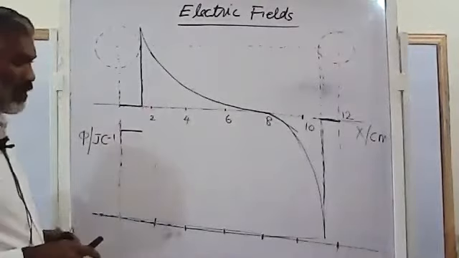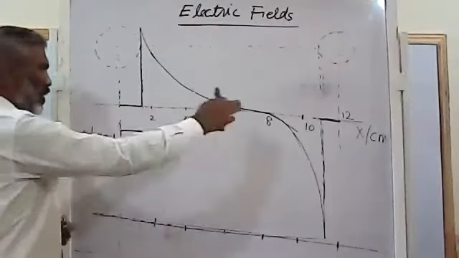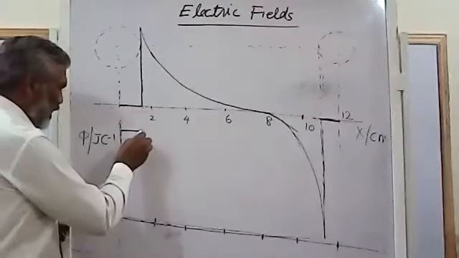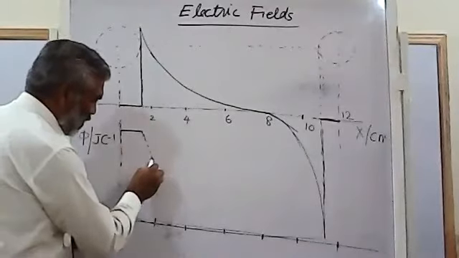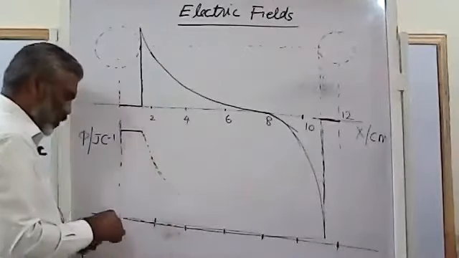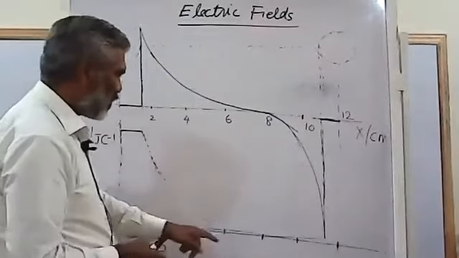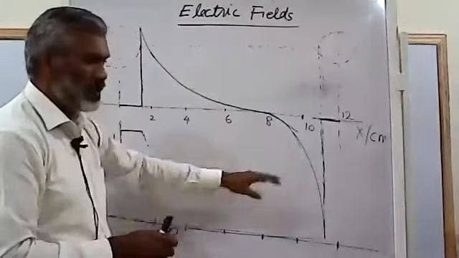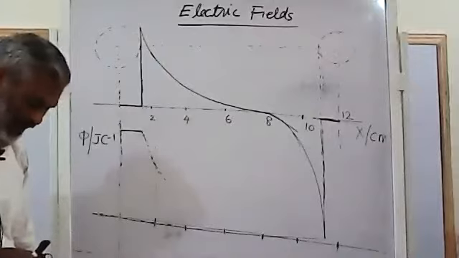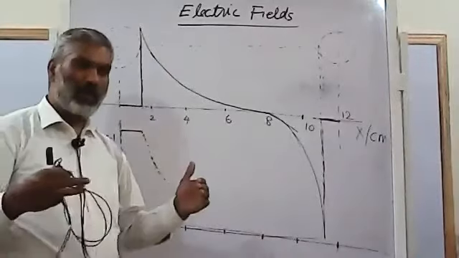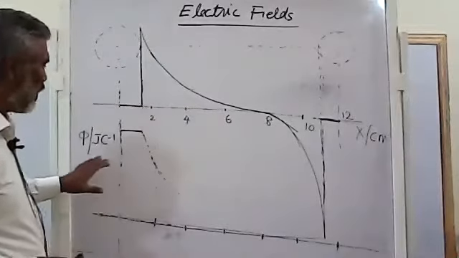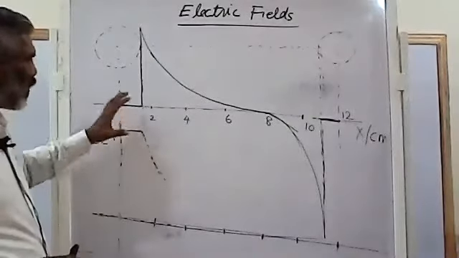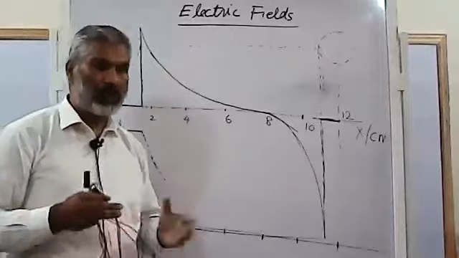But what happens after you go beyond that? Potential decreases, but it is not going to 0 like this, because although electric fields cancel, because they are opposite in direction, there is no problem with the potential in this case, because potentials of the two are positive.